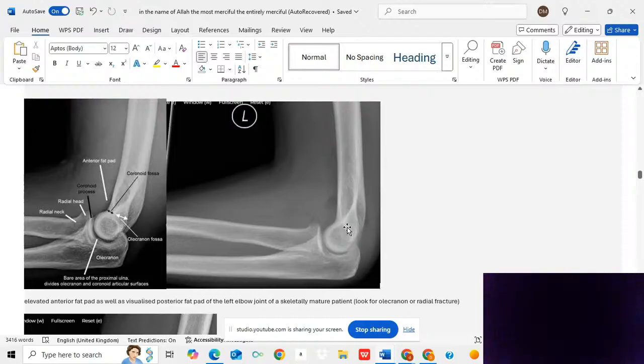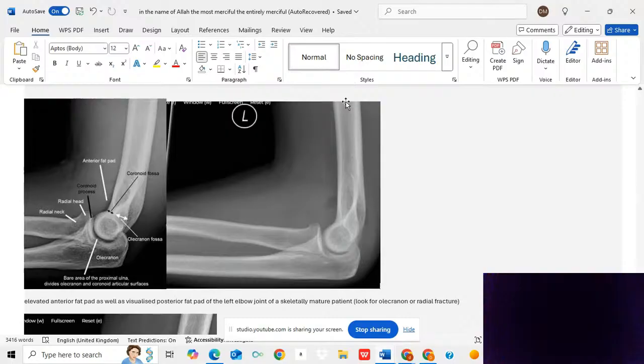And here is a tip. If you suspect an elbow joint effusion in an adult, look for radial head fracture, look for olecranon process fracture, because these are the most common elbow joint fractures in an adult that will be associated with elbow joint effusion.